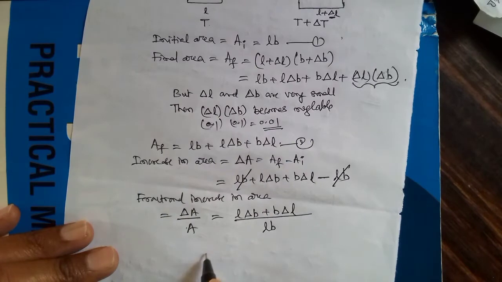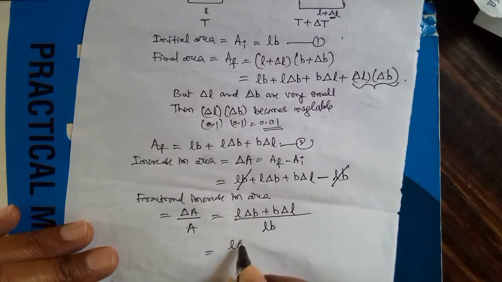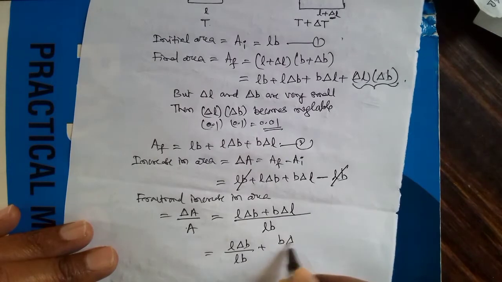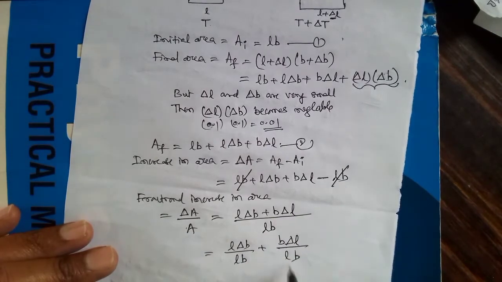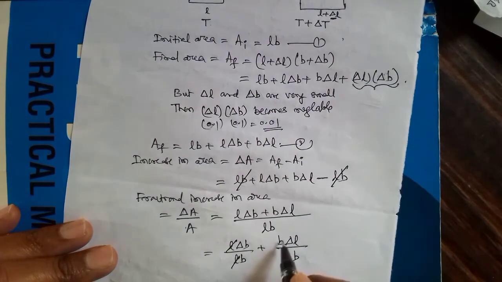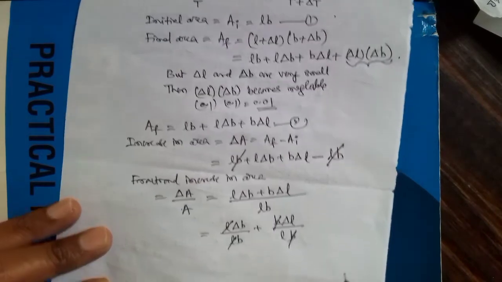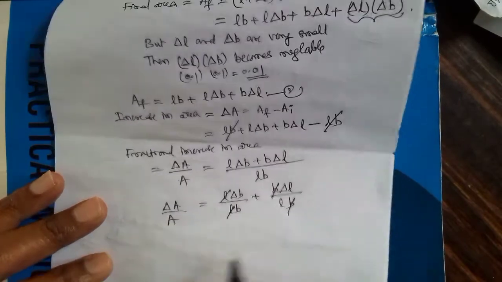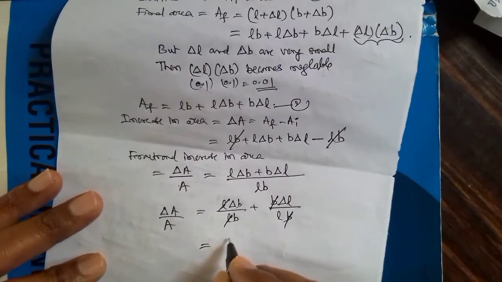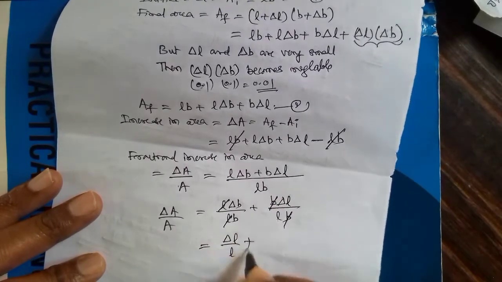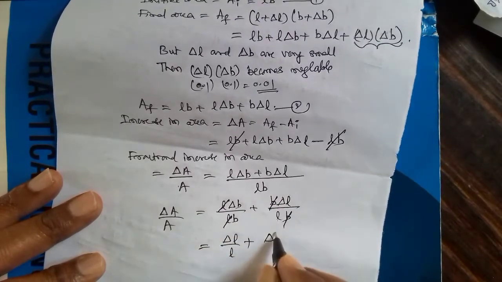So we get, L gets cancelled, B gets cancelled, so we get delta L by L plus delta B by B.